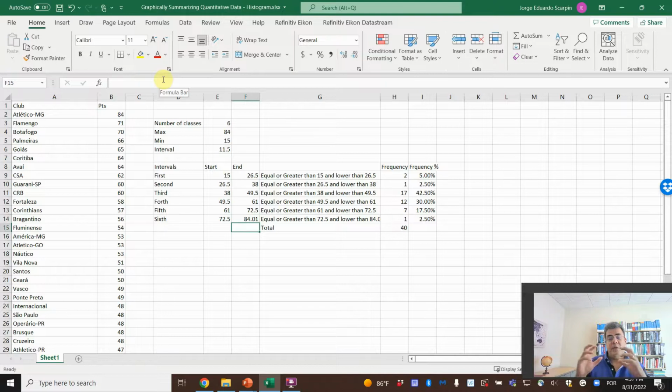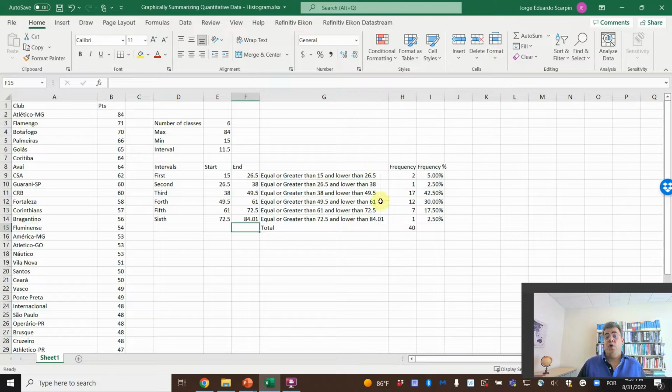So we need to figure a way to not overlap it. So one should be equal or greater or equal or lower. And we need to add 0.01 to the first start or to the last end.